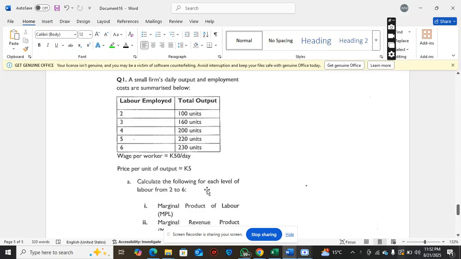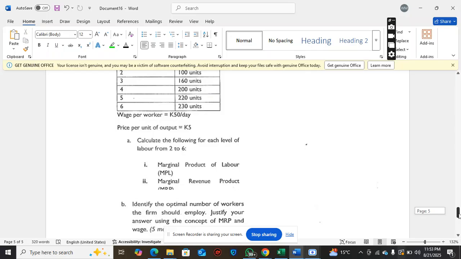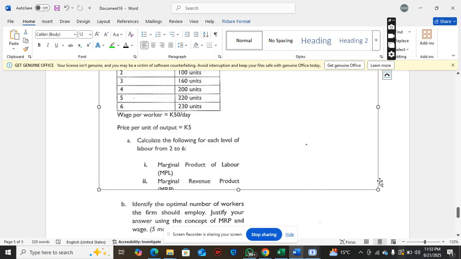Calculate the following for each level of labor from 2 to 6: the marginal product of labor and the marginal revenue product. Colleagues, what's the marginal product of labor and the marginal revenue product?